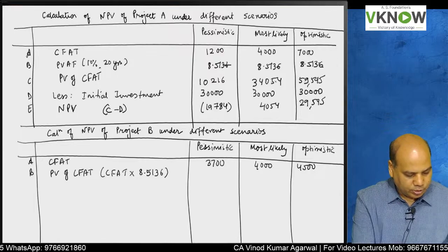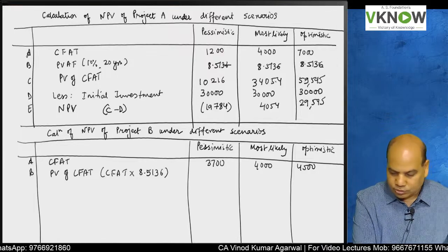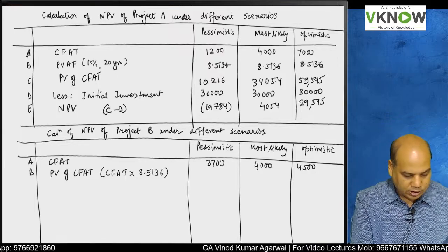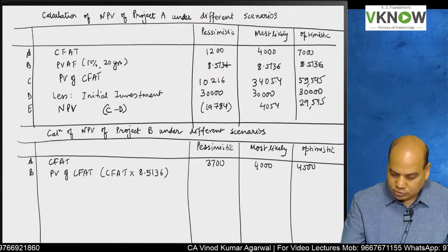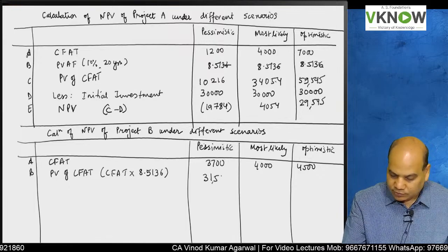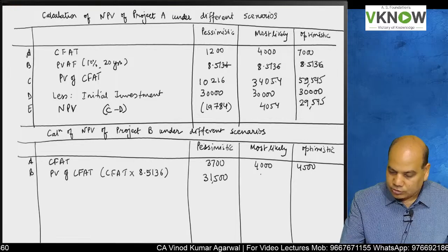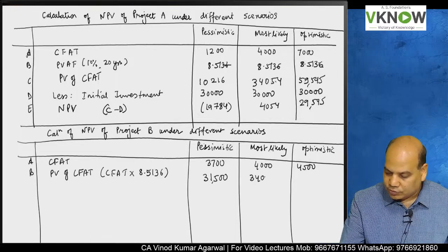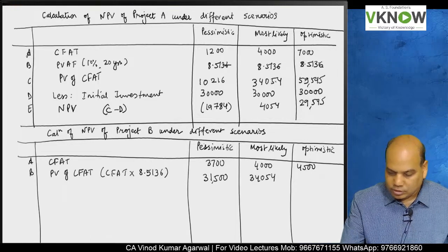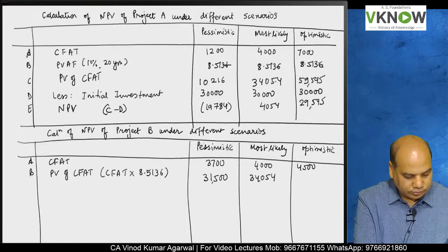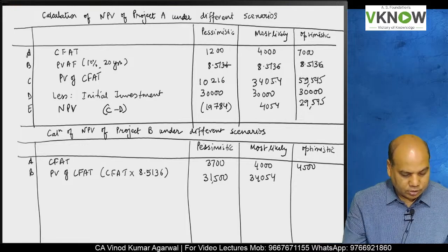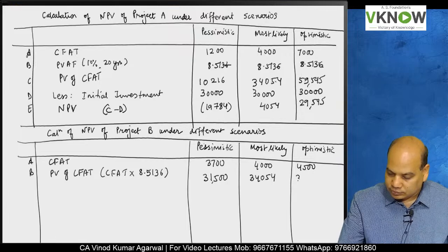Okay, 8.5136 into 3700, so you are getting 31500. This will be the same, 34054. And the last one, 38311.